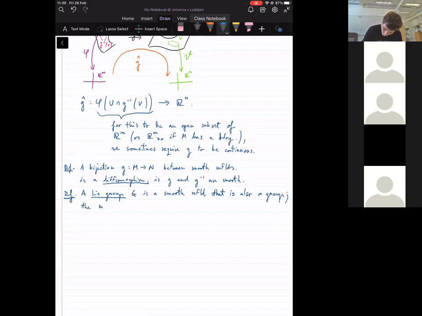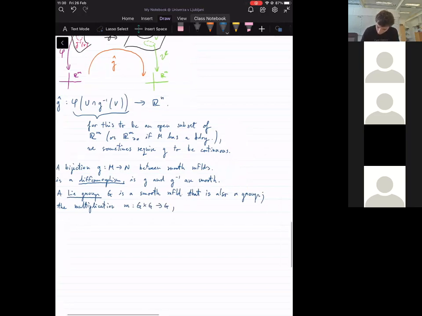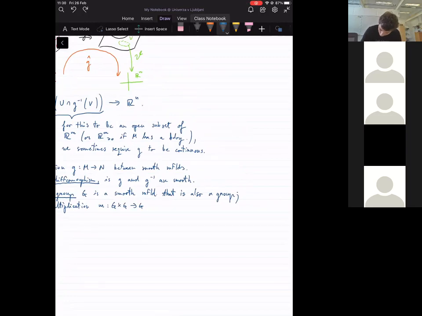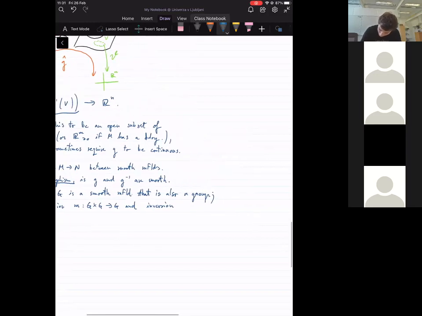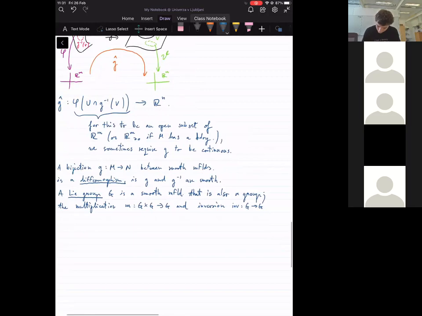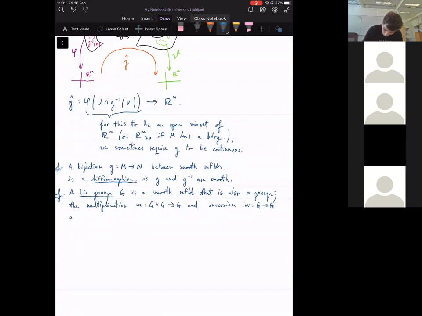The multiplication, let's call it M, from G times G into G, and inversion, let's call it inv, that goes from G to G, are smooth maps with respect to the smooth structure on G.